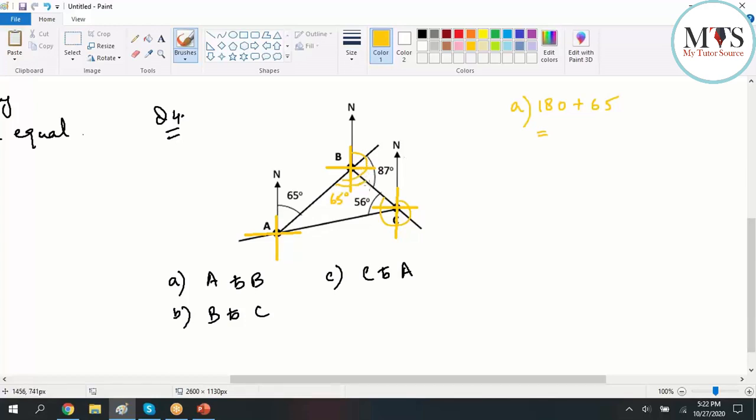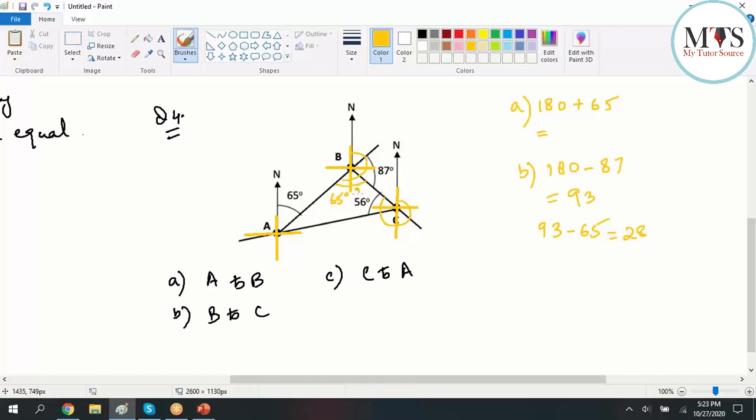First you find that angle, so that's 180 minus 87, which equals 93. Then 93 minus 65 will give us the angle in the middle. 28. That's right.